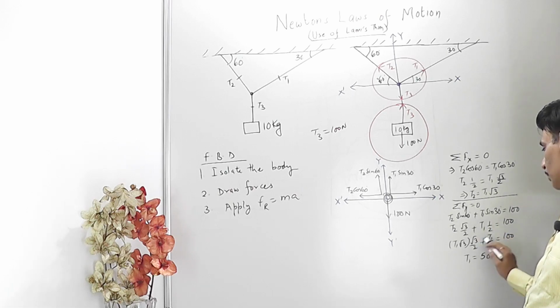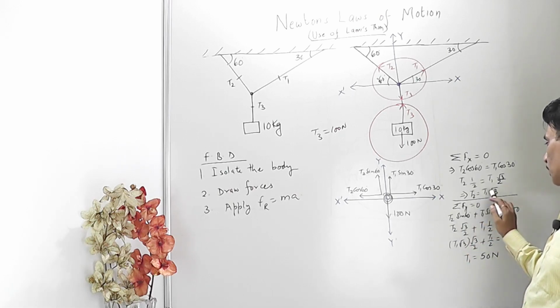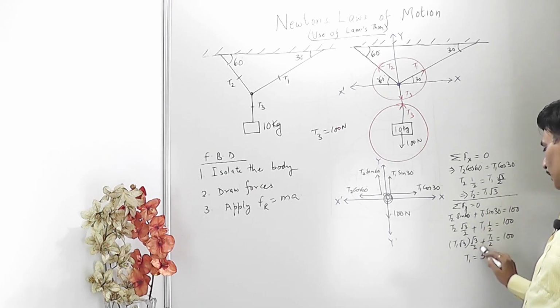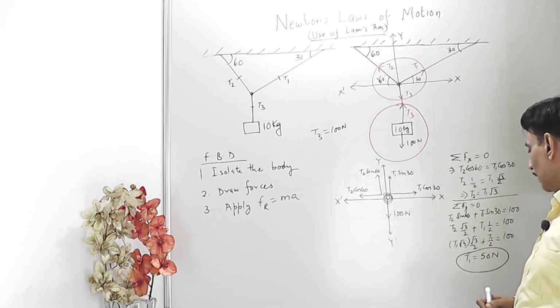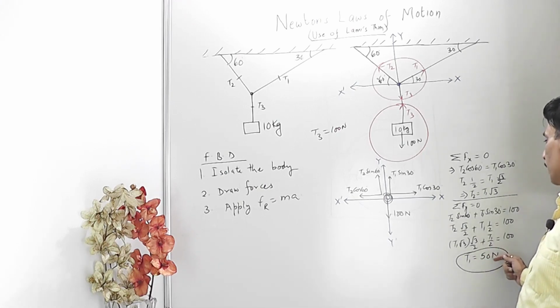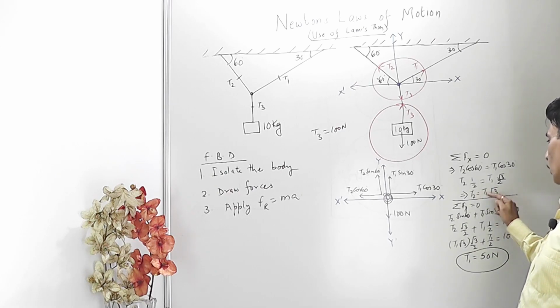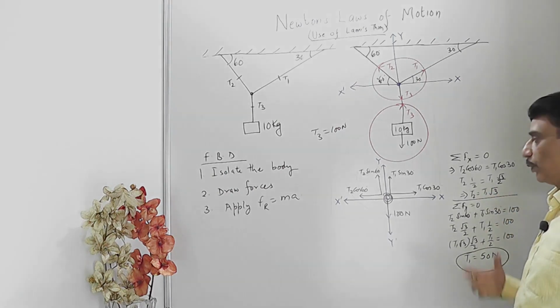Now we can substitute T2 is equal to T1 root 3, and this comes out to be T1 equal to 50 Newton. Once we get the value of T1 as 50 Newton, we can put it over here, so T2 is going to be 50 root 3 Newton. We can get the answer.